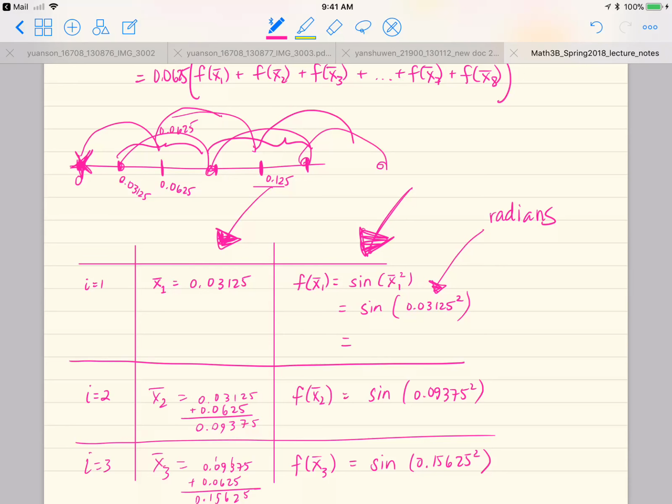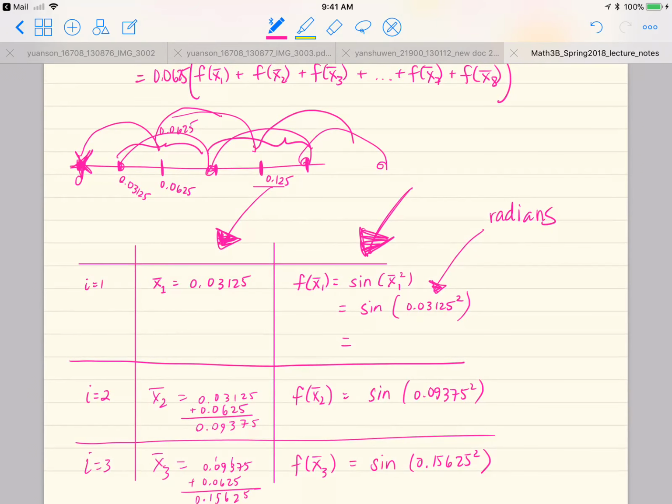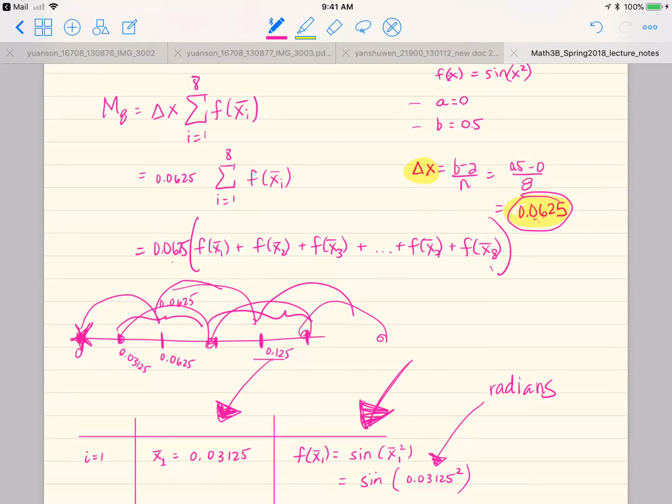Okay, and then once you get all of these, you get your chart of your xi bars. You're going to just add them up and multiply by 0.0625, and that's how you get m sub 8.